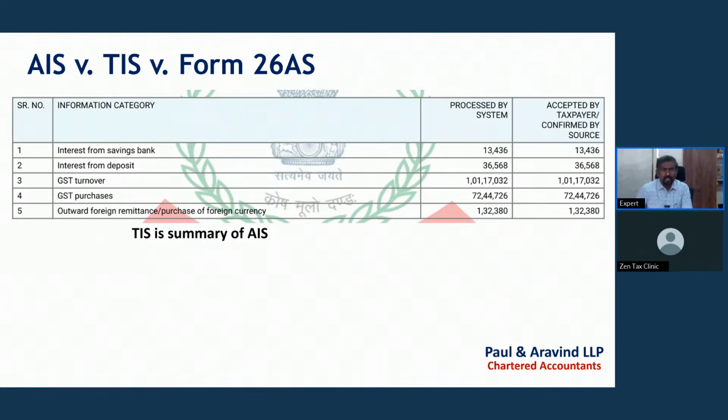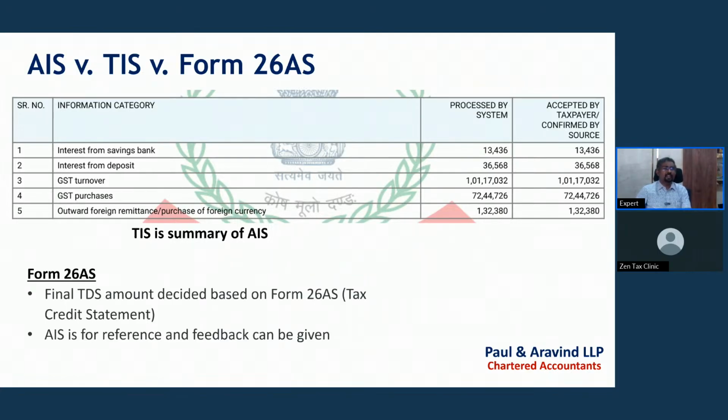If I say these are my form AIS and TIS, what is 26AS? 26AS is the statement based on which you can take your tax credit. So, how much of prepaid taxes that you consider in your ITR has to be based only and only on form 26AS. That cannot be based on form AIS or TIS. AIS is only for reference and you can give the feedback.